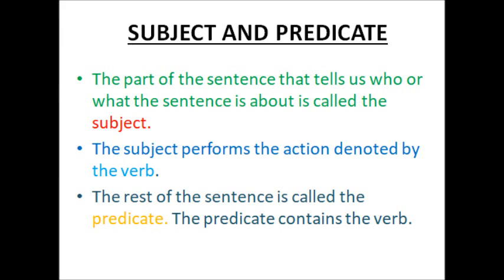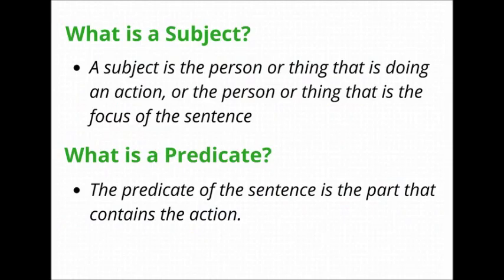So children, what are the important points to be highlighted? The first point is, a subject is the person or thing that is doing an action, or the person or thing that is the focus of the sentence. And the second point is, the predicate of the sentence is the part that contains the action.